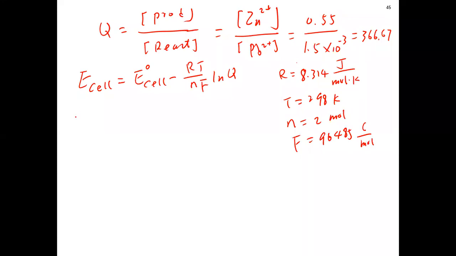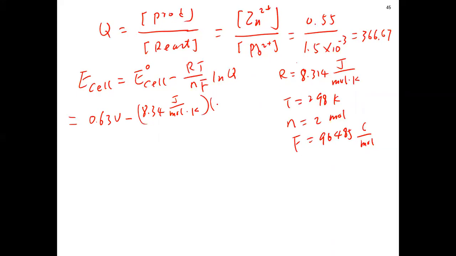Let's substitute those numbers. We find the E cell standard is 0.63 volts, minus 8.314 joules per mole. It's interesting to see the unit cancellation.